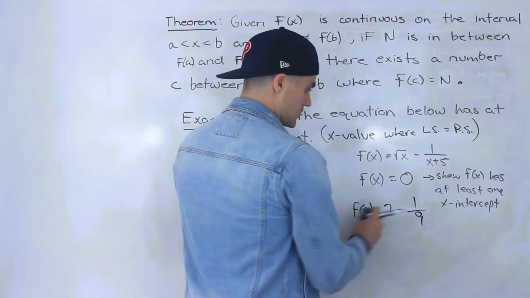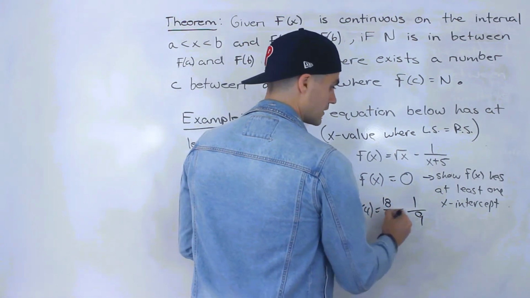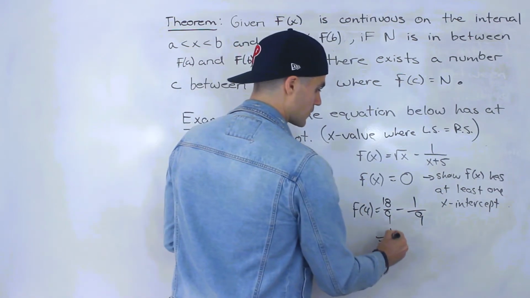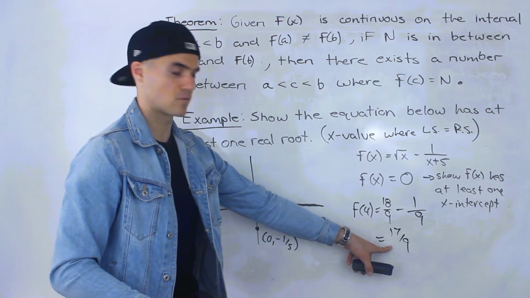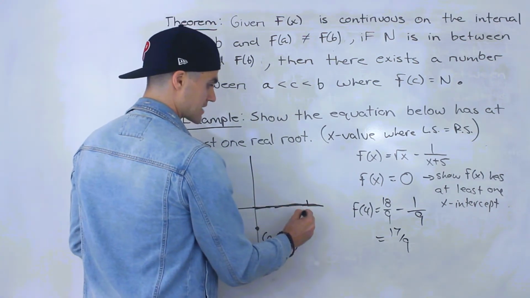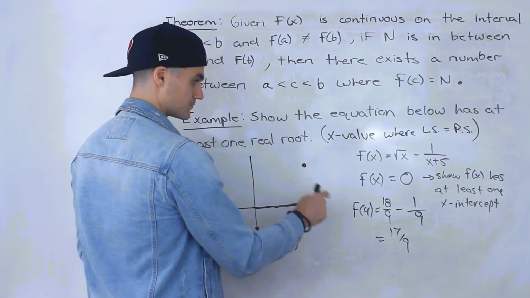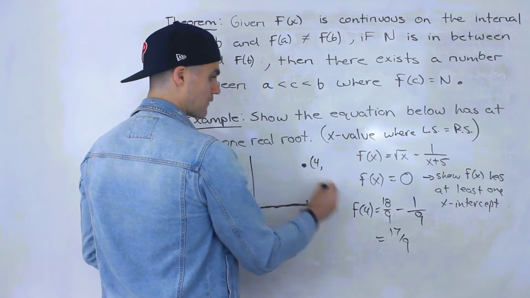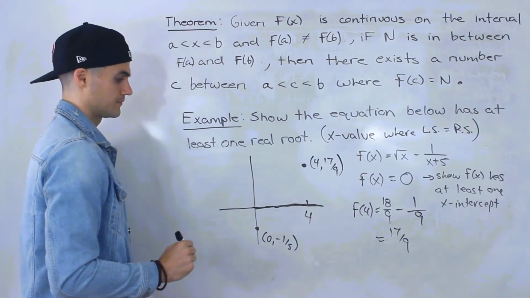So this 2 here, we can change to 18 over 9, to get a common denominator. So we would have 17 over 9. And notice we got a positive y value, which is what we wanted. So at an x value of 4, this function is going to have a y value of 17 over 9.